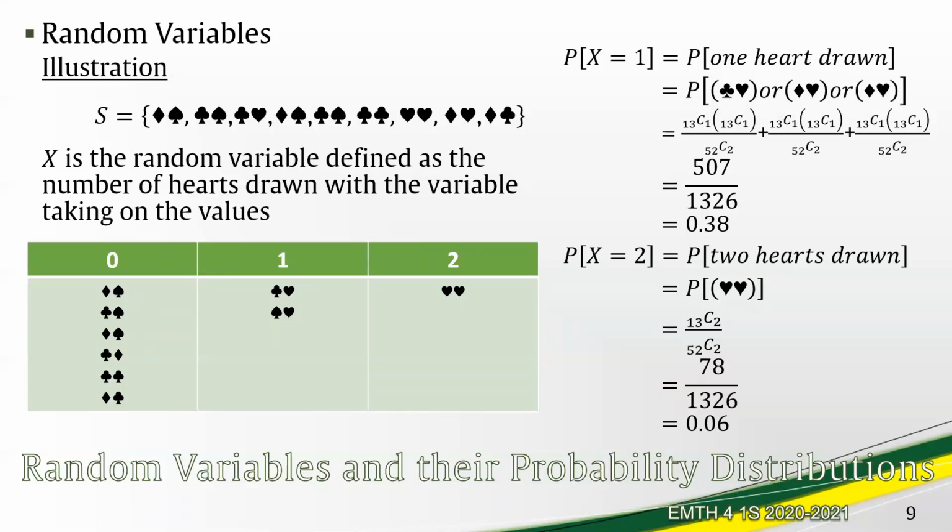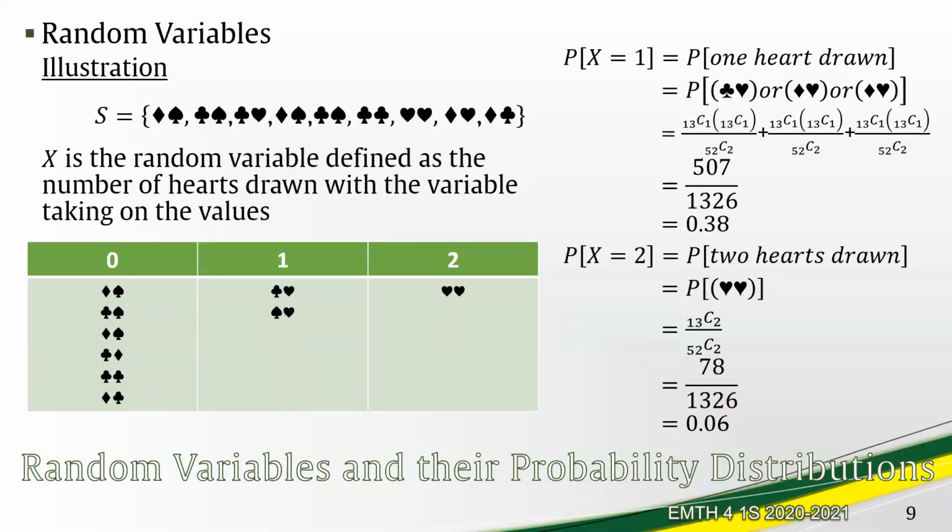For the probability of the 2 heart card, it only has to be the combination of all the heart cards taken 2 at a time divided by the combination of 52 taken 2. In simplified form, that is 13 times 12 all over 2, and that would result to 78.